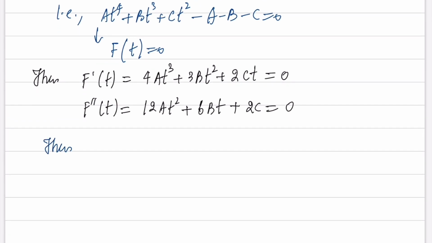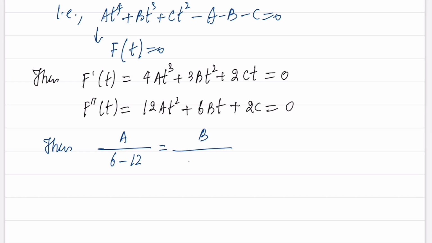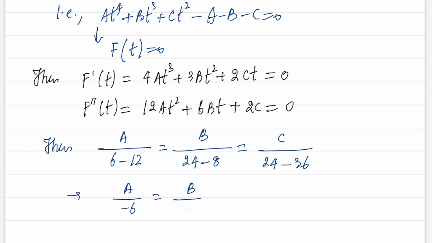So then solving them, we get, with the cross multiplication rule, a divided by (6 - 12) equal to b divided by (24 - 8), equal to c divided by (24 - 36). So this gives a by minus 6, b by 16, and c by minus 12.